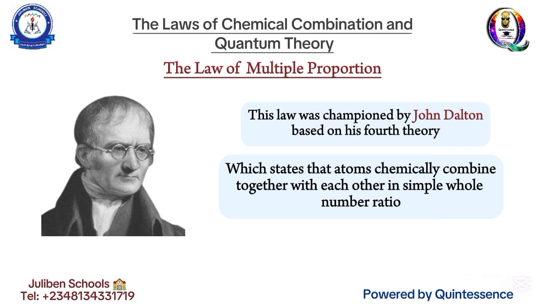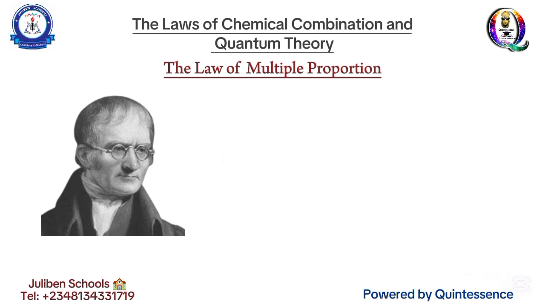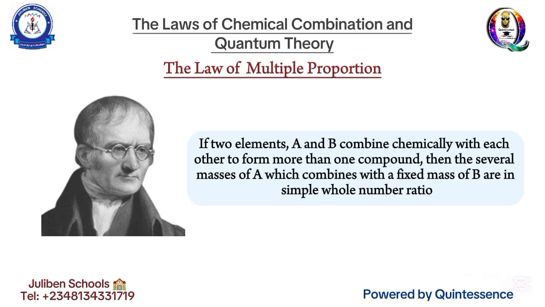It states that if 2 elements A and B combine chemically with each other to form more than 1 compound, then the several masses of A which combine with a fixed mass of B are in simple whole number ratio.